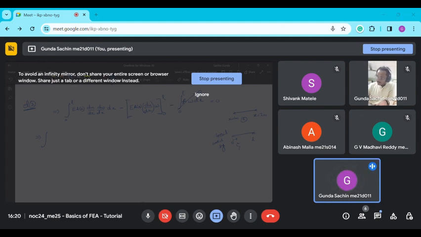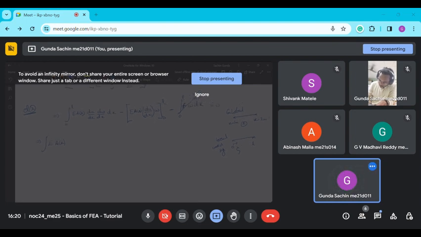Let's do one thing. We use maybe another zeta for the local coordinate system and x for the global coordinate system, just to avoid confusion between these two.